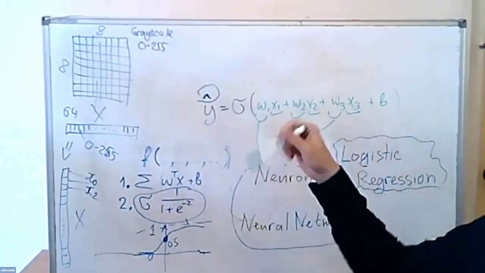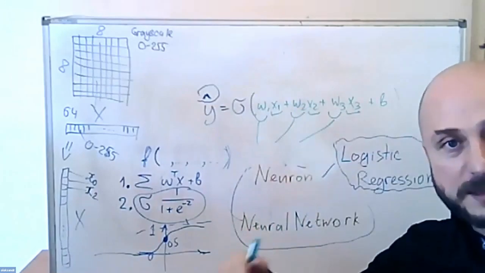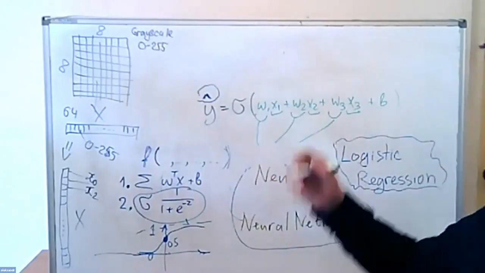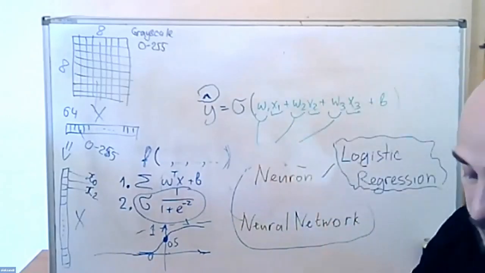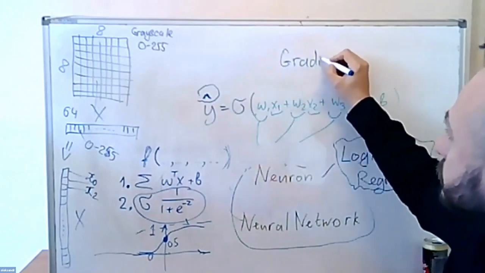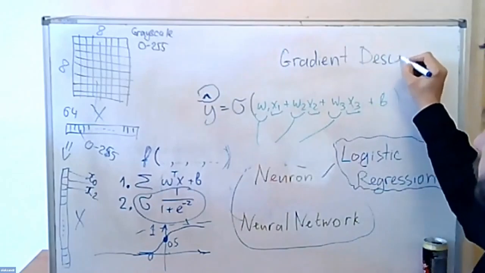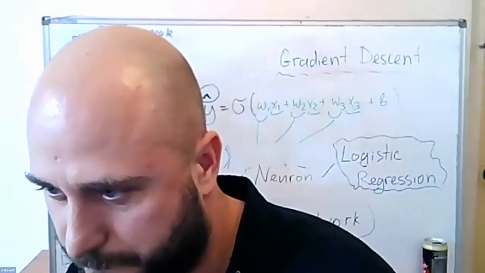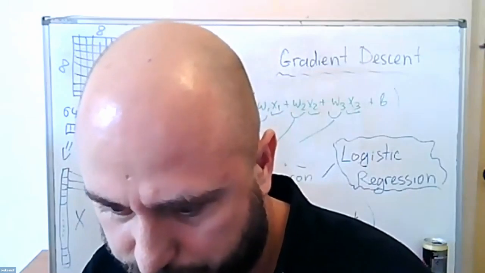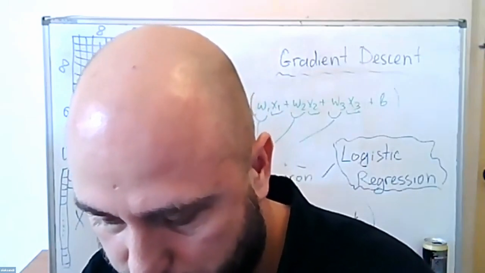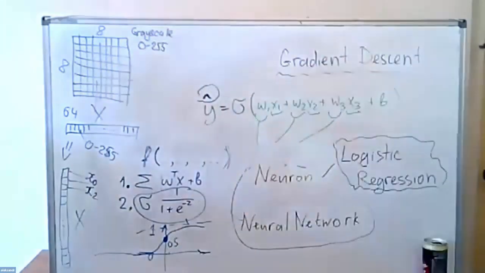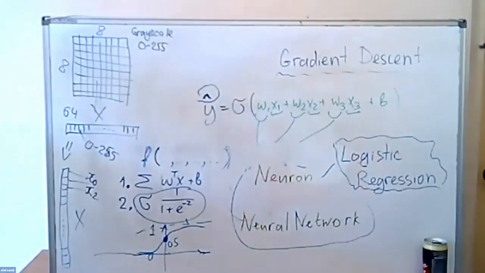So generally, we just use an iteration-based process and a special optimization procedure, for example, called gradient descent, to find proper values of these omegas.